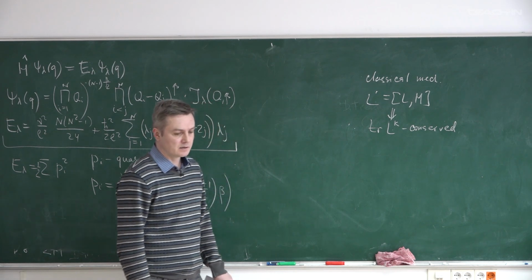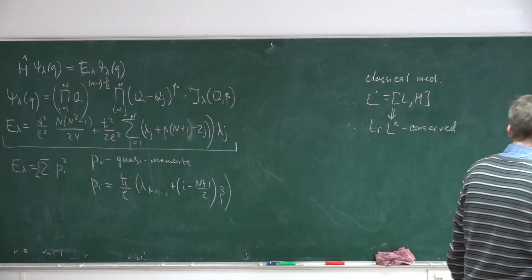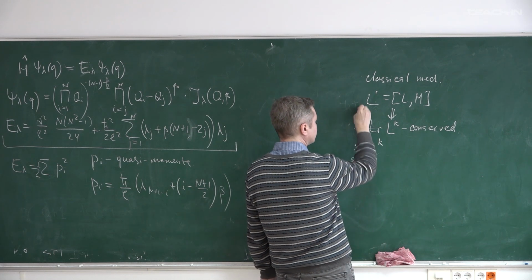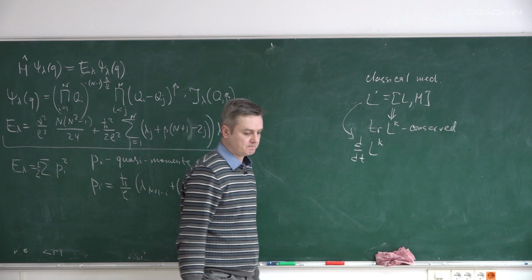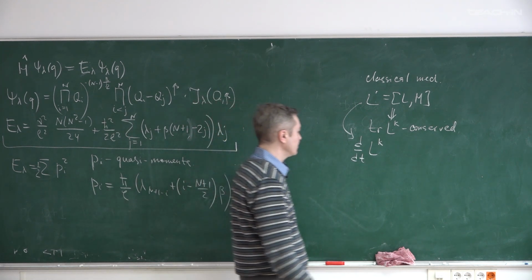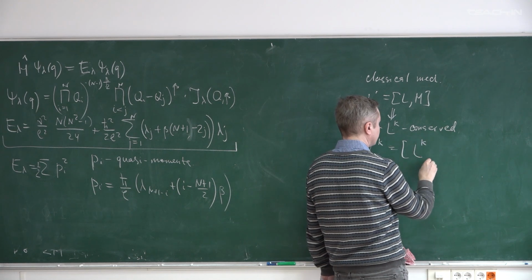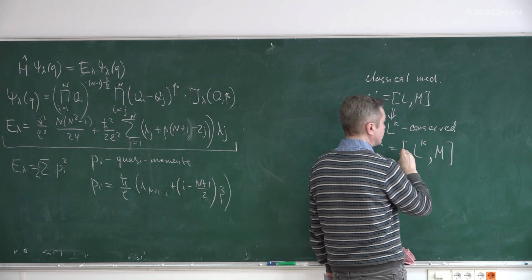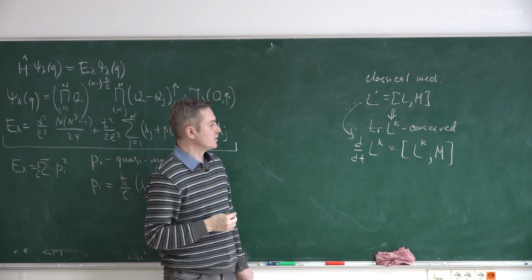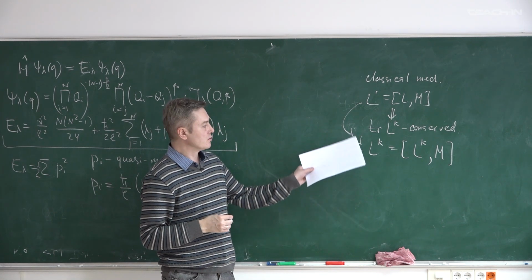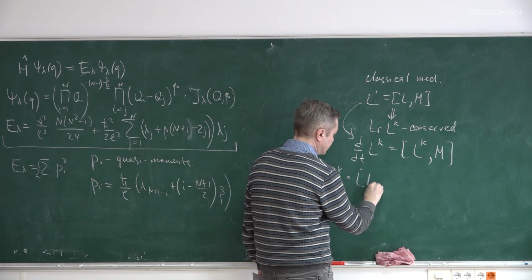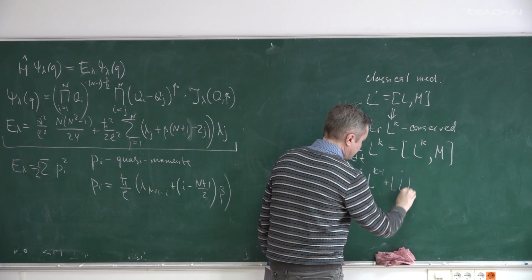This was based on the following: if you begin with this equation and compute the time derivative of L to the kth power, you will easily obtain that it is equal to a commutator of L to the kth power with the same M. This is because when you compute the time derivative of L^k, you use the Leibniz rule: L dot L^(k-1) plus L L dot L^(k-2) and so on.